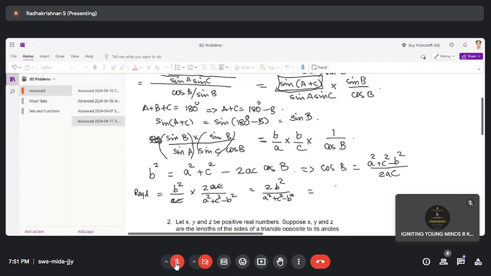B square, right? A square, C square, minus B square.